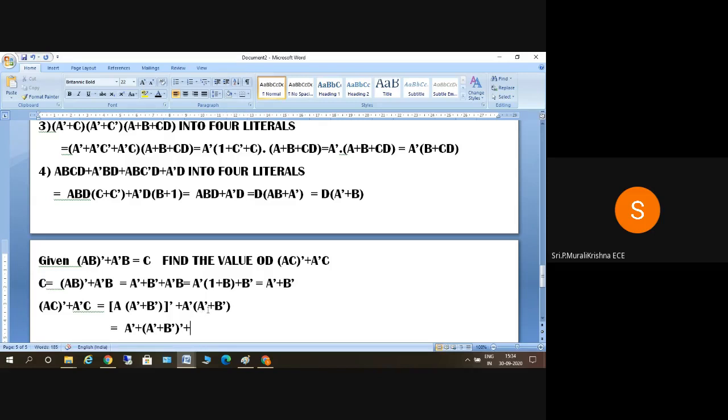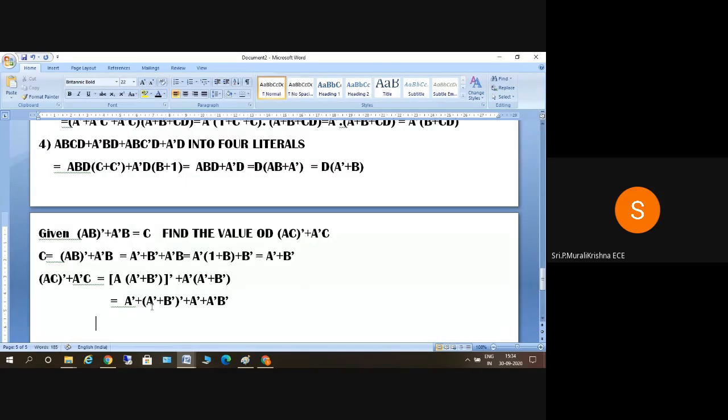Plus here, A bar into A bar is A bar, so A bar into A bar is A bar, plus A bar B bar. A bar plus A bar is obviously A bar only, so I'll write only one A bar here. Plus here we got (A bar plus B bar) whole bar.